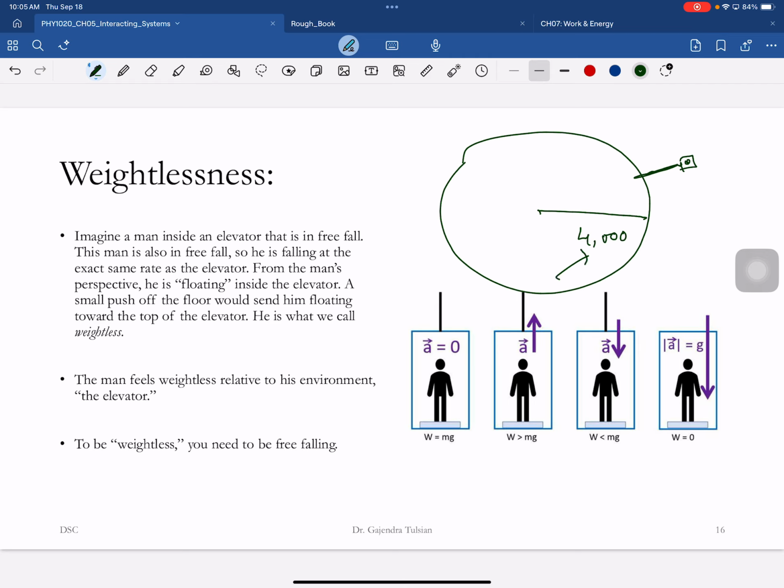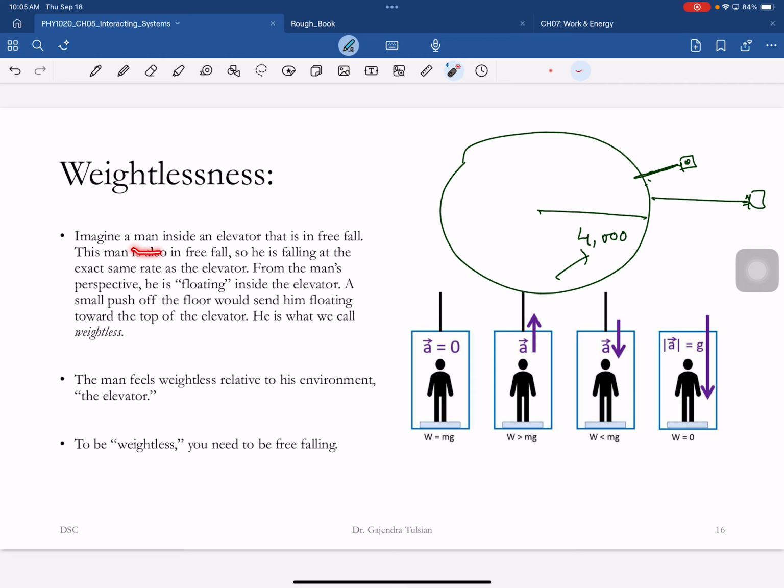For instance, if you were 4,000 miles above the surface of the earth, then you would weigh 4 times less. I weigh 160 pounds now, so I would weigh 40 pounds.